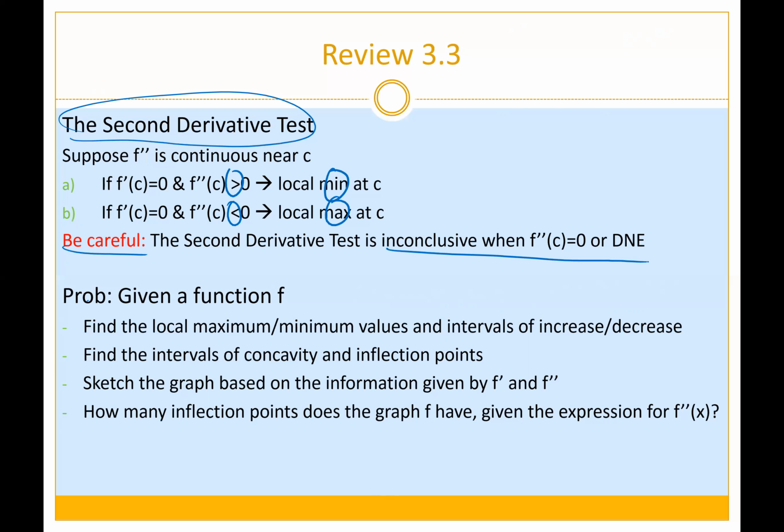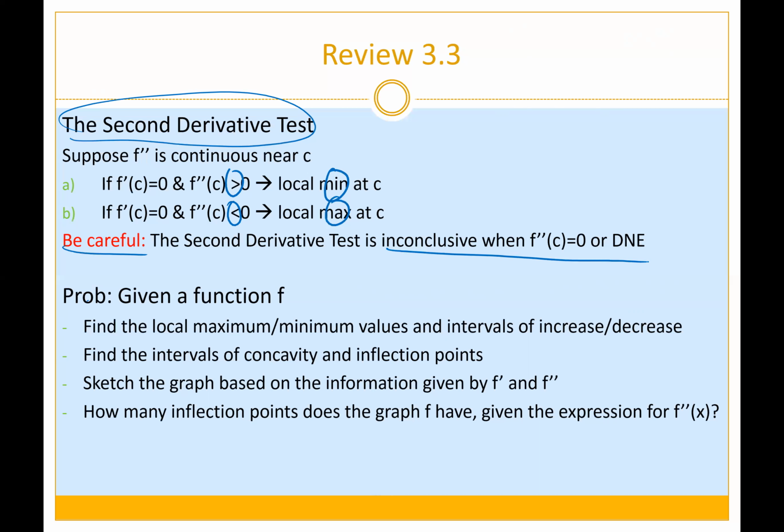Some of the problems that you might be asked in this section are: given a function f, find maybe a local maximum, minimum, and intervals of increase and decrease. This one is pretty obvious. Find the intervals of concavity and inflection points. Again, this is also easy with the second derivative. Sketch the graph based on the information given by f prime and f double prime.